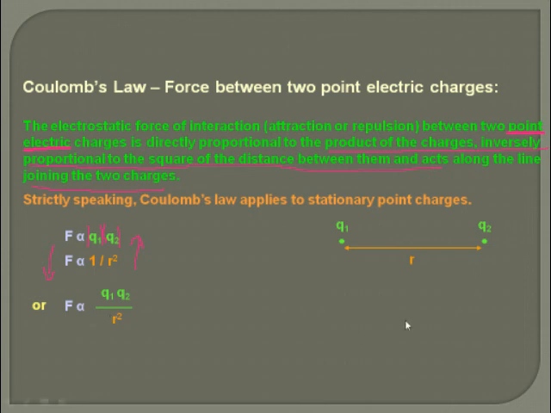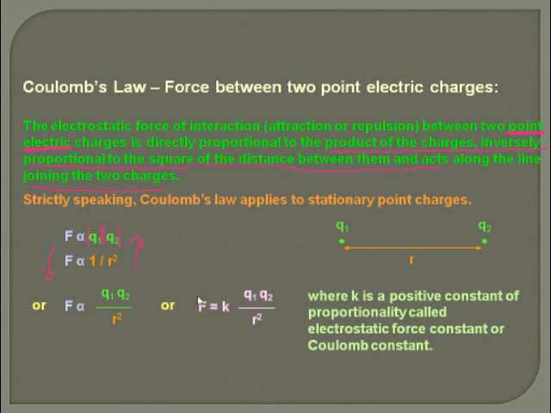If we remove this proportionality sign, we will get a proportionality constant. We have already seen that whenever the proportionality sign is eliminated, a constant comes into play. So here k is that proportionality constant. This k is called the electrostatic force constant.